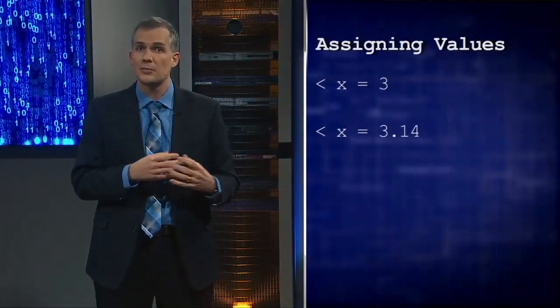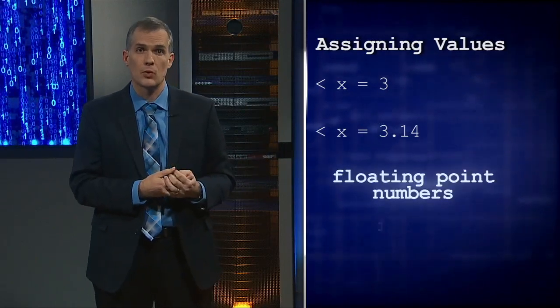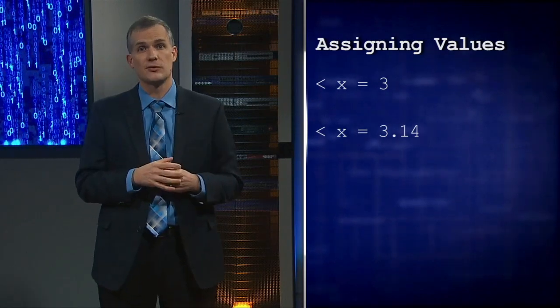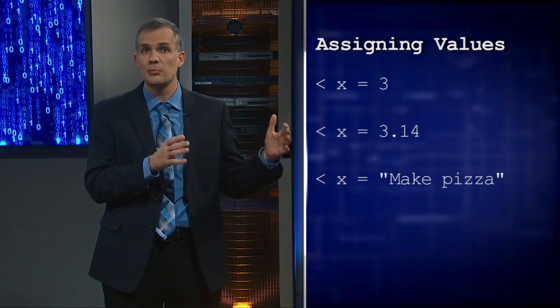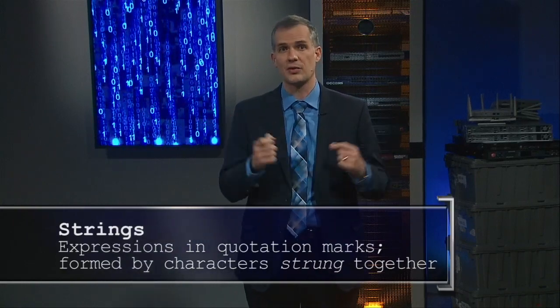Now, the right-hand side can actually be something more complicated. It could be numbers with a decimal point, which are called floating point numbers, or floats for short. Or we could assign words. For example, x is assigned the value "make pizza". Expressions in quotation marks are called strings, since they're formed by characters strung together.